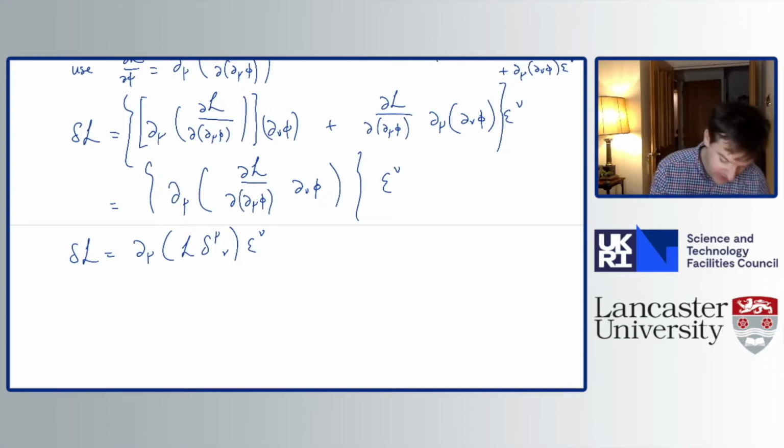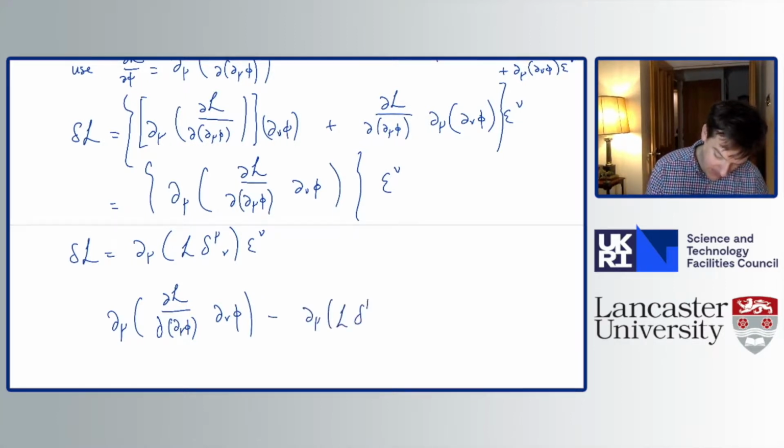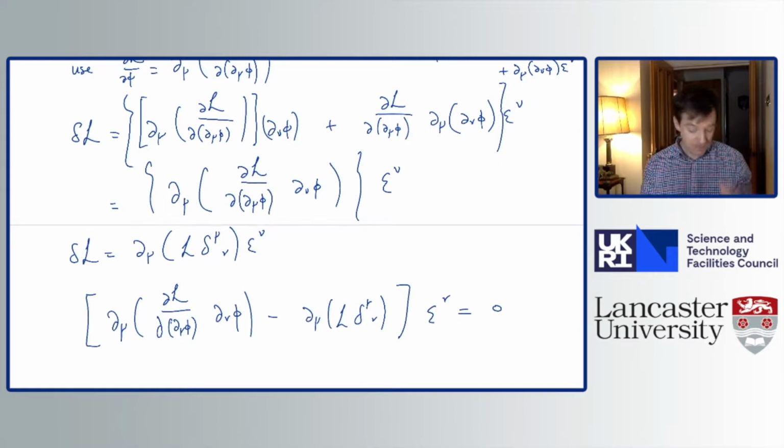What we find, we set them equal. We have d mu L, this minus, all times epsilon nu is equal to 0.